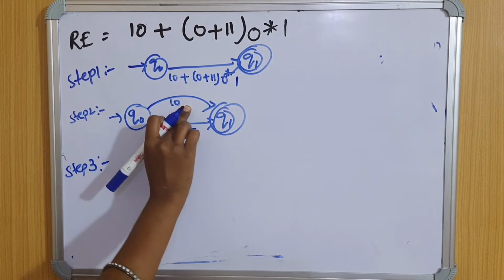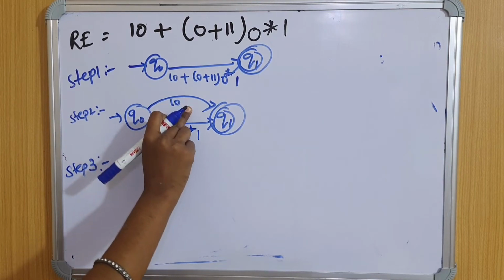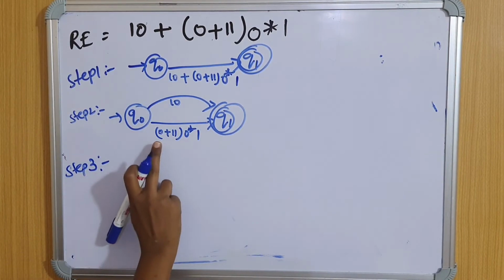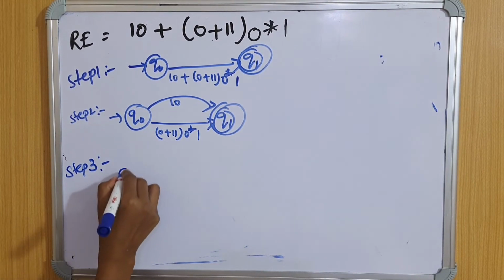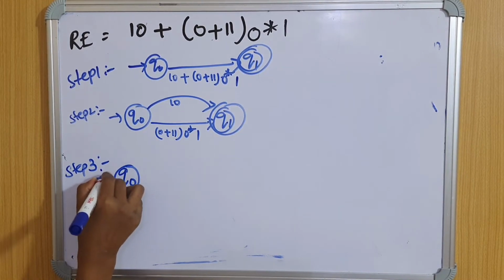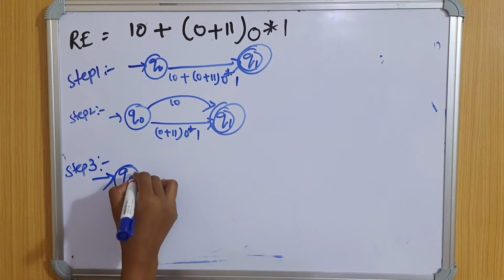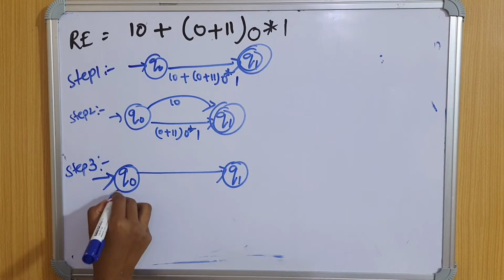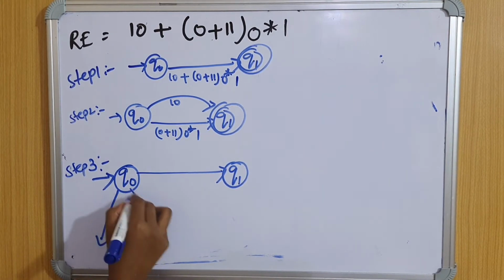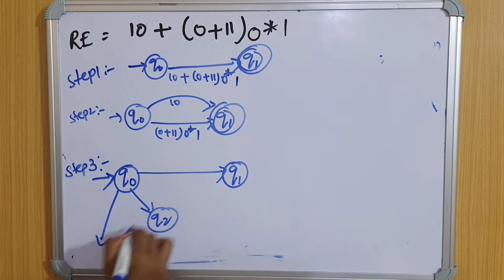It is multiplication: 1 0, then 0 plus 11, and then 0*1. So we can write it as Q0 the initial state, then on 1 to Q1, then to Q2 and Q3.